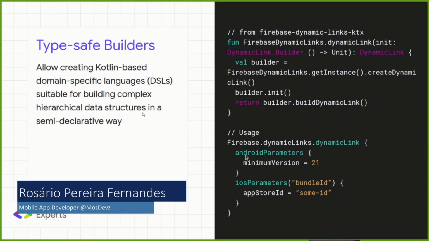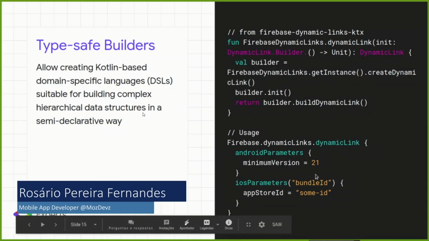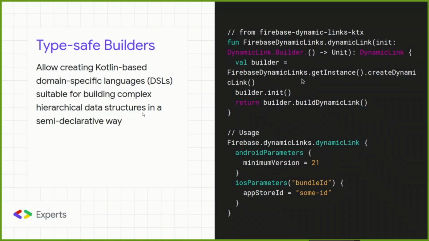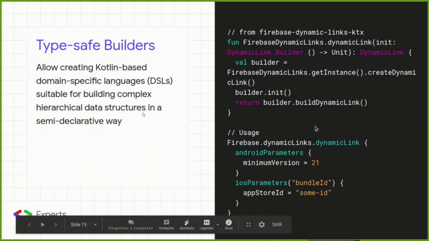Some of them specific for Android, some of them specific for iOS, and some for other platforms as well. And for that, we created a type-safe builder, which is that first example that I showed you earlier. As you can see, instead of having to use the Java builder, we simply use a builder that is shorter and more idiomatic for Kotlin.